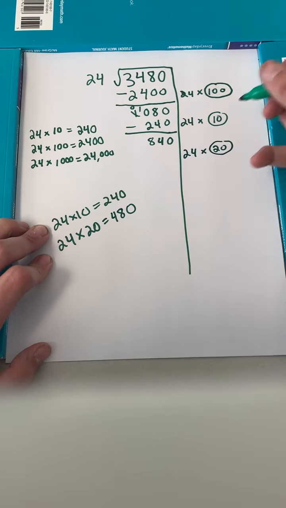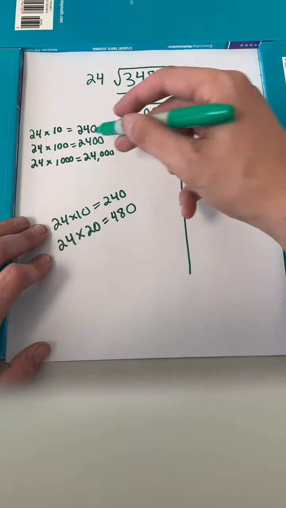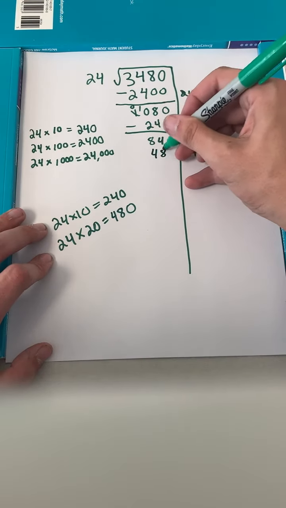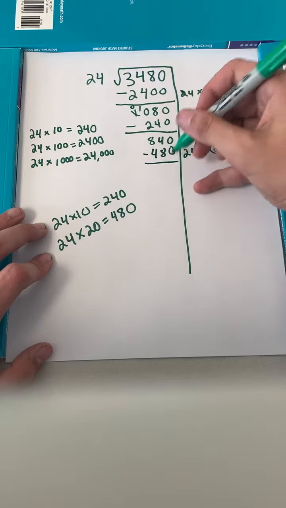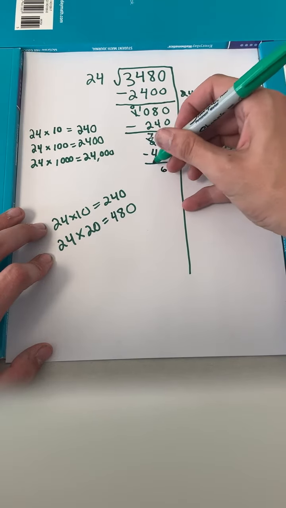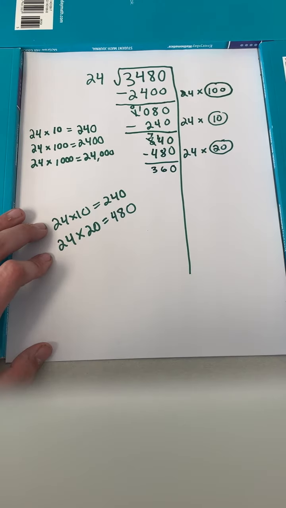And like I said, this is completely optional. If you want to chip away at it nice and slowly, be my guest. But if you want to be more efficient, this is an example of how you could do that. 24 times 20 is 480. I subtract that, and I have 360 left over.